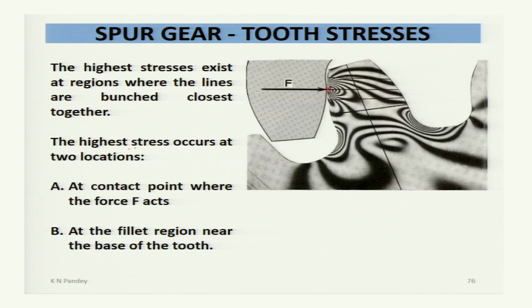So the highest stress occurs at two locations. First, at the contact point where the force F acts along the pressure line, and second, at the fillet region near the base of the tooth.